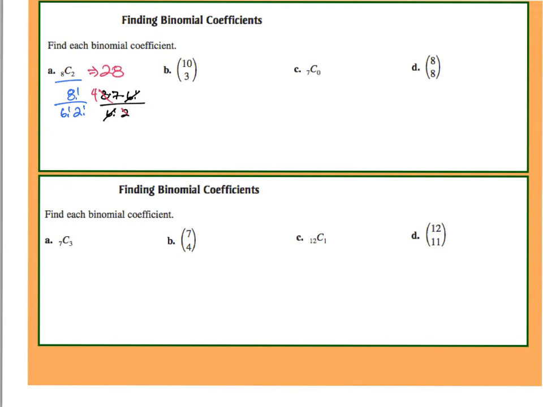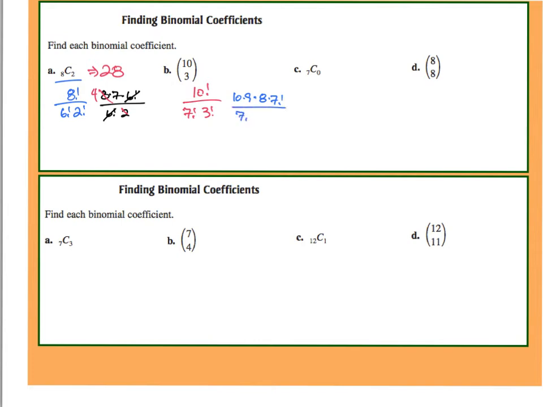That's how it's actually used. Part B, I have 10 combination 3. So 10 combination 3 is really just 10 factorial over 7 factorial times 3 factorial. How do I do that one? What is 10 factorial? 10 times 9 times 8 times 7 factorial.